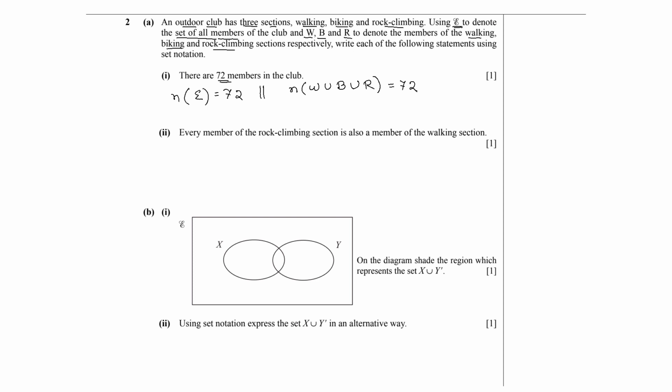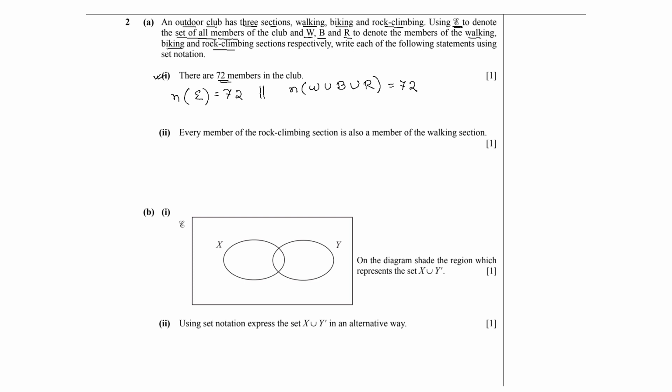We can think of union as addition, which could imply that the number of members of walking section plus the number of members of the biking section plus the number of rock climbing section would equal the total number of members of the outdoor club.